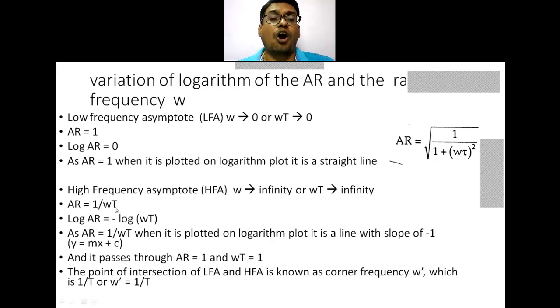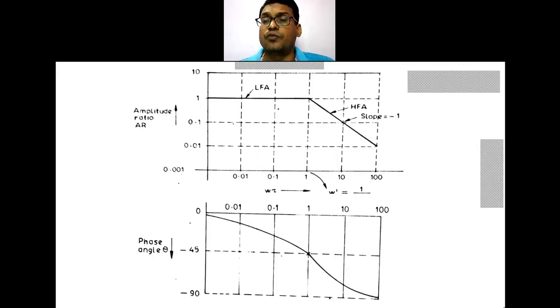Now taking the log of this amplitude ratio, it is equal to minus log of omega tau. Now when this is plotted, y equal to mx plus c, y is your amplitude ratio plotted against omega tau. So this will have a slope of minus 1 when plotted on the log graph paper. That is why we put the negative slope of minus 1.